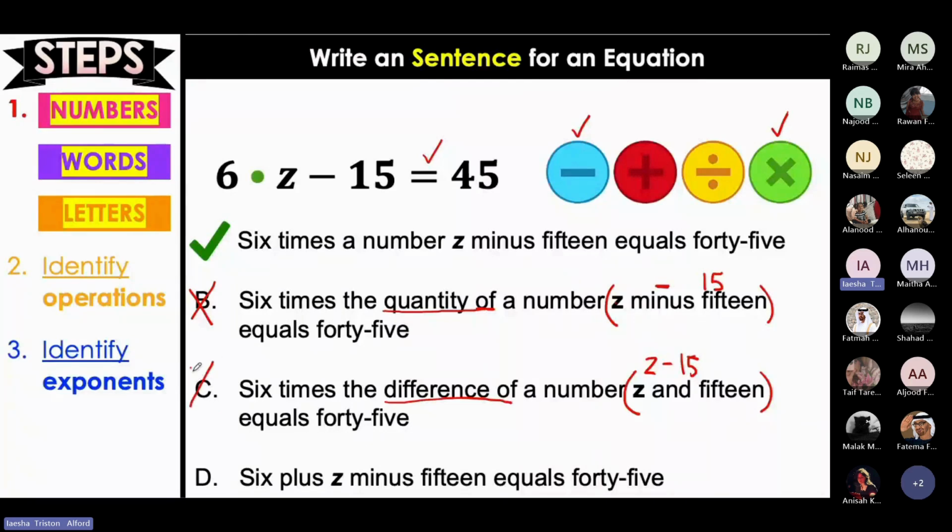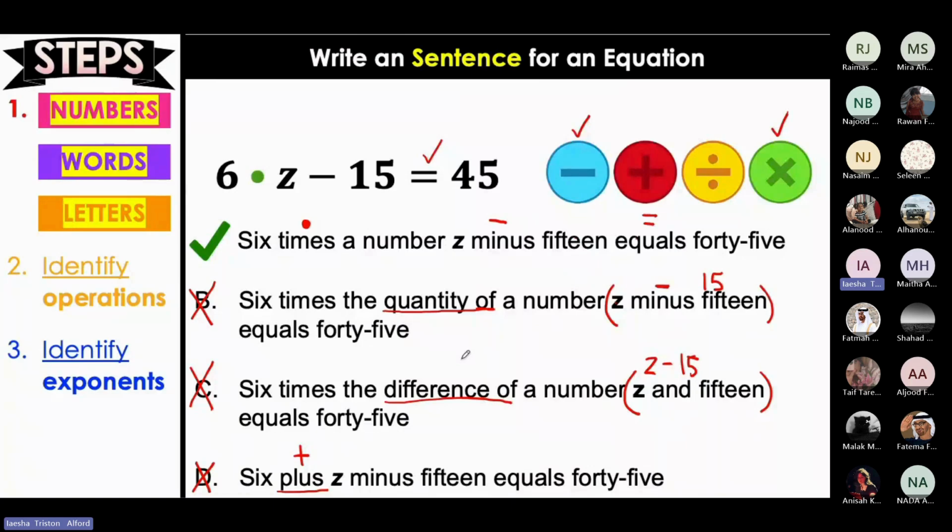So C is not correct. For D, it says 6 plus. Do we have any add in our equation? No. So D should not be correct. Correct answer is going to be A. 6 times means multiply times a number Z minus 15 equals 45.